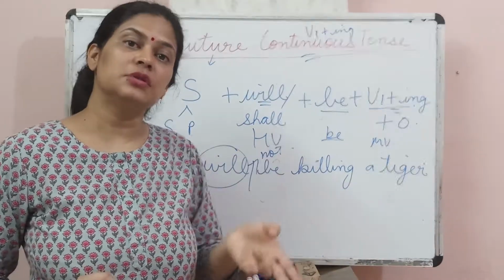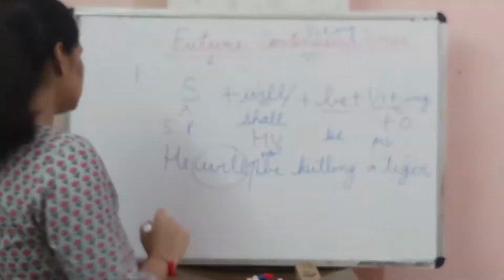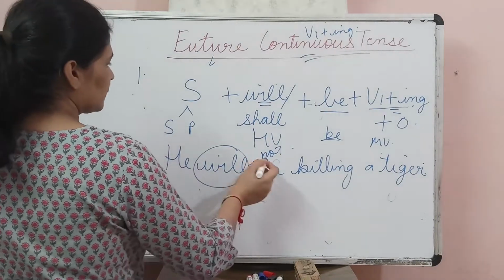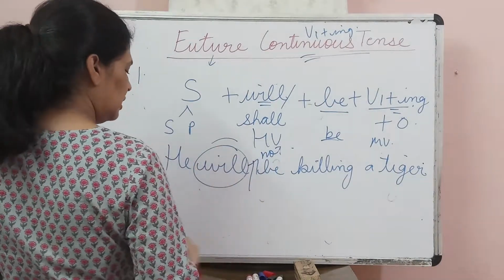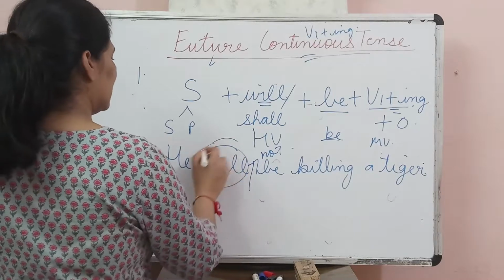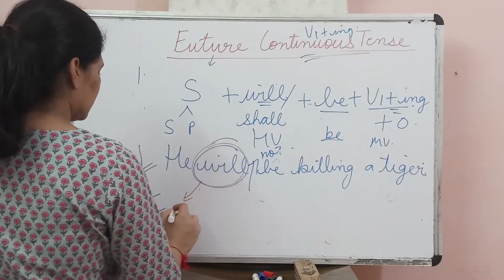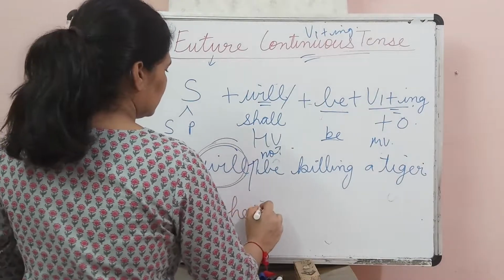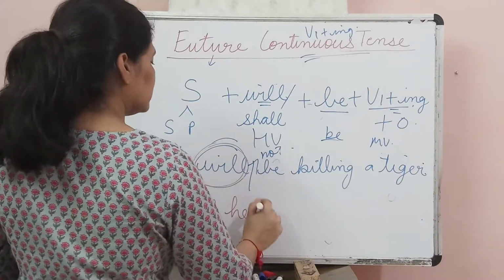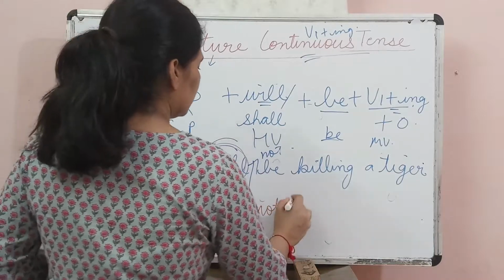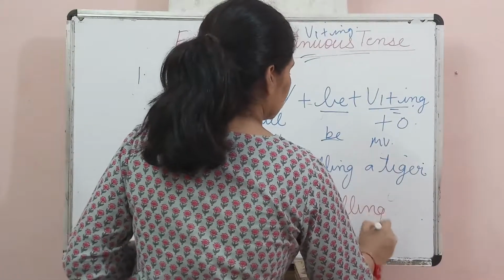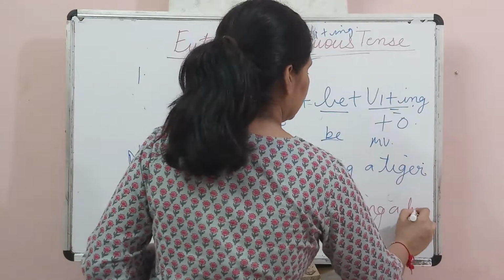Next, we are going to discuss interrogative sentence. This one was negative. Now form the interrogative. So how to form? This is the helping verb, so bring the helping verb here. Will he not be killing a tiger?